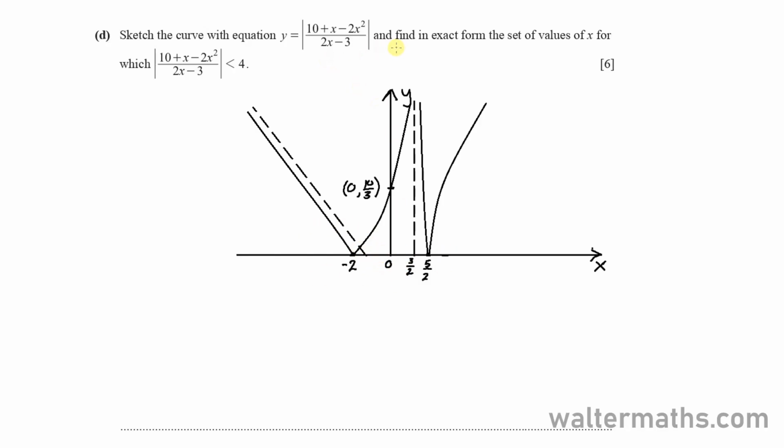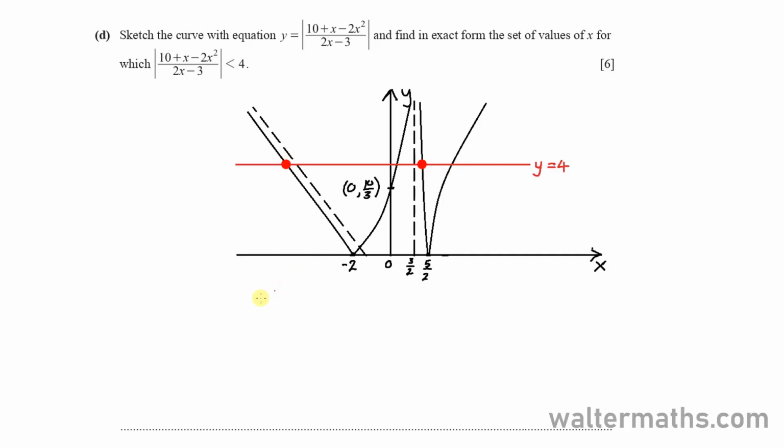Now the other part of the question goes, find in exact form the set of values of x for which the modulus of the function is less than 4. So here I'm going to draw the line y is equal to 4, which should be somewhere around here above 10 over 3, which is 3 and a third. So this is the line y is equal to 4. And I'm going to look for the intercepts with the graph.